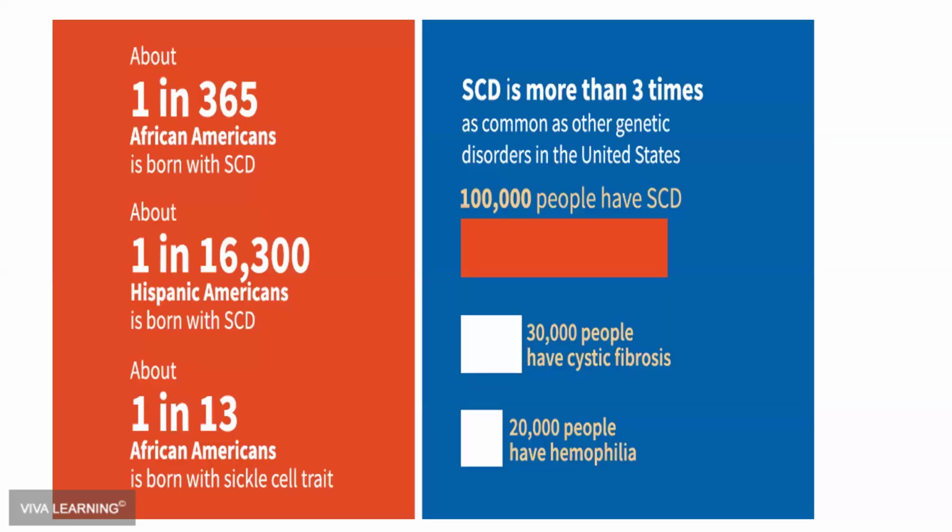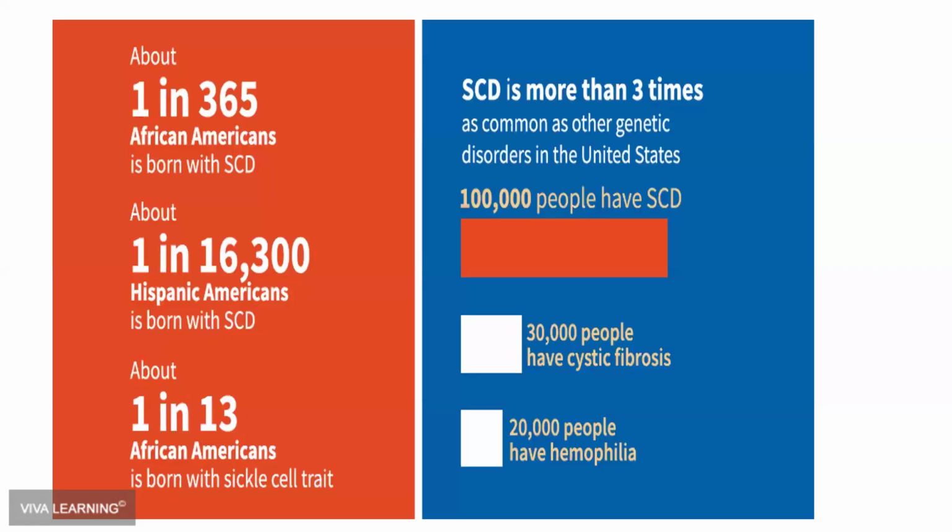Now, when we look at the chart, it tells you that 1 in every 365 African Americans born in the United States of America is born with sickle cell disease. However, believe it or not, there is a very large Hispanic population with sickle cell disease, and about 1 in every 13 African Americans is born with the sickle cell trait.